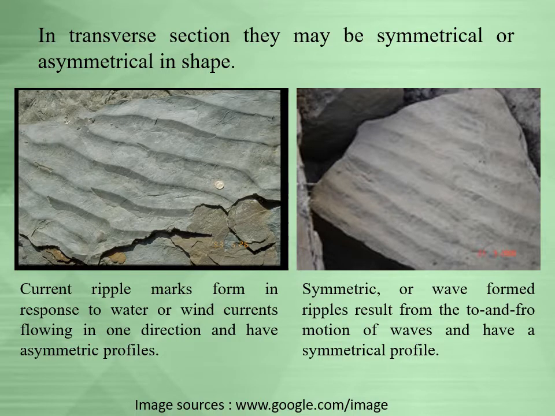In transverse section, ripple marks can be symmetrical or asymmetrical. That depends on whether the length of the stoss side is equal or not equal to the length of the lee side.